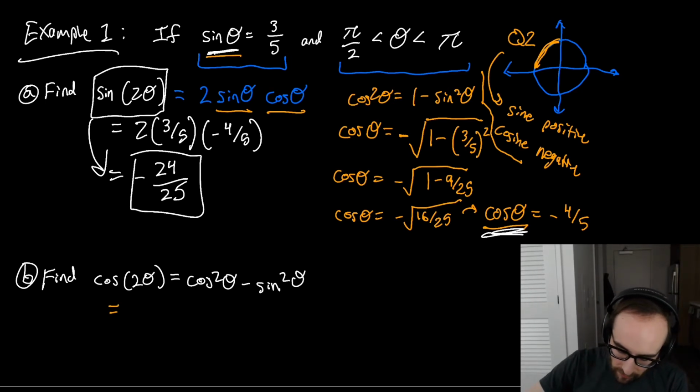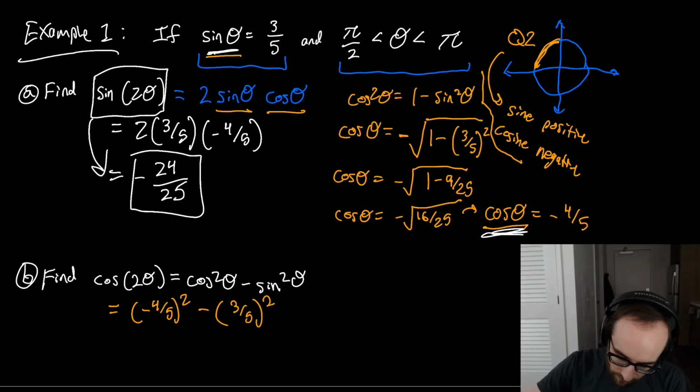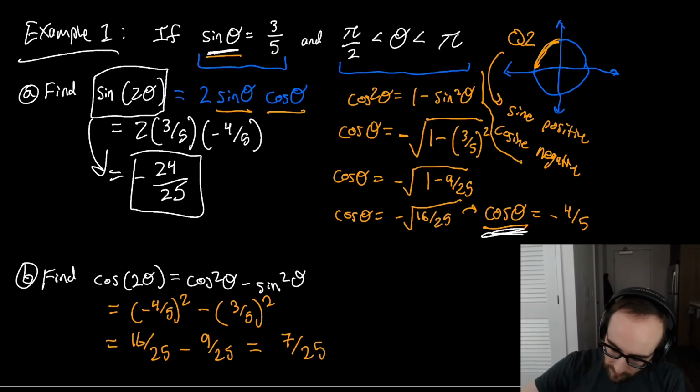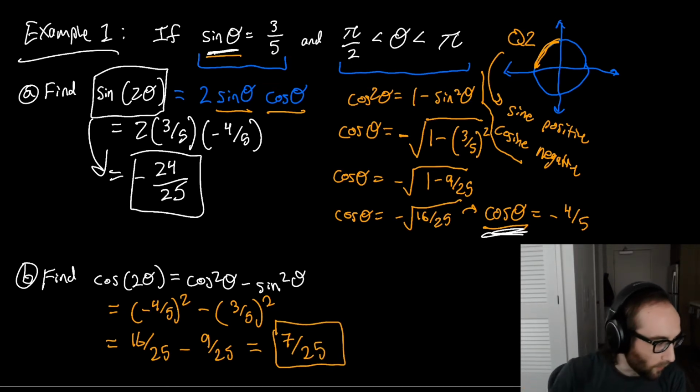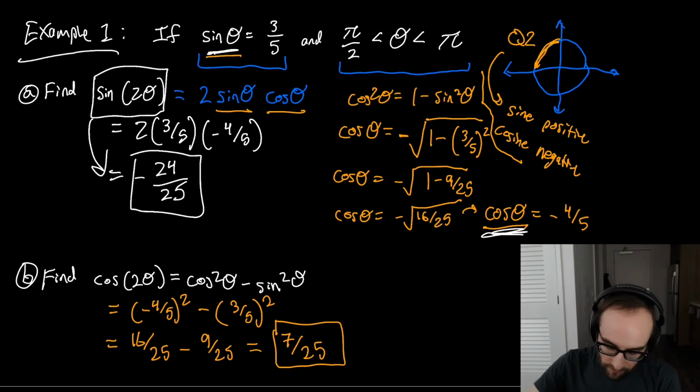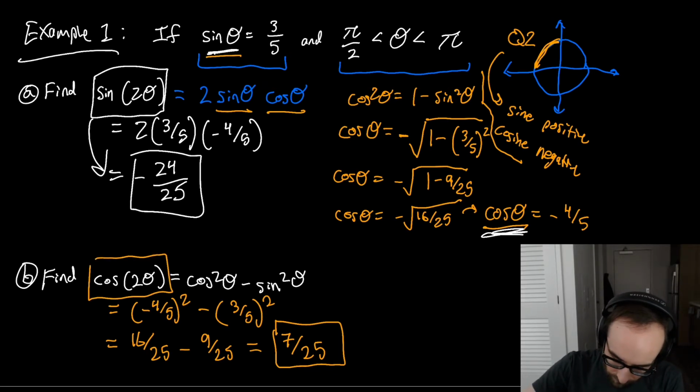Cosine squared: for cosine, we have negative 4/5 squared, minus sine, 3/5 squared. We end up with 16/25, then we're subtracting 9/25, which simplifies to 7/25. So for this example, 7/25 is our answer for cosine of 2 theta.